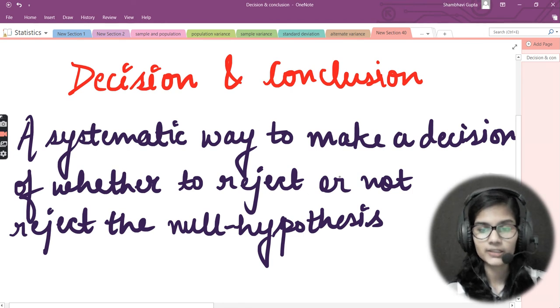So a systematic way to make a decision of whether to reject or not reject the null hypothesis. This is the only case where we make decisions, because only in the null hypothesis do we need to decide whether we reject or do not reject.